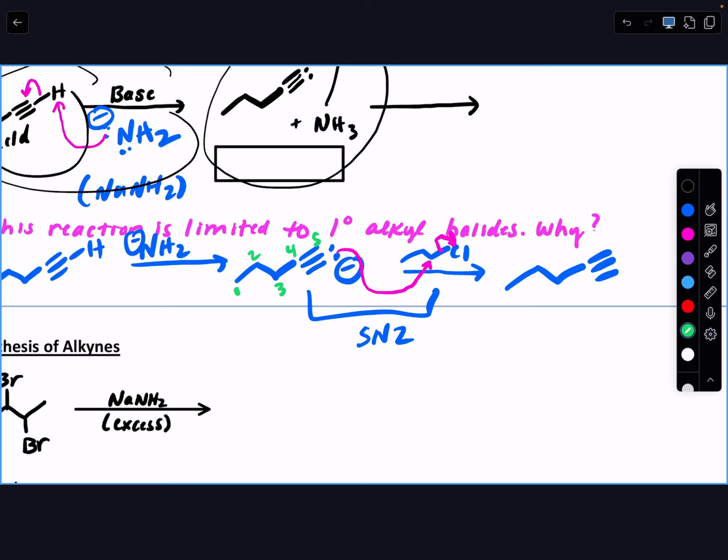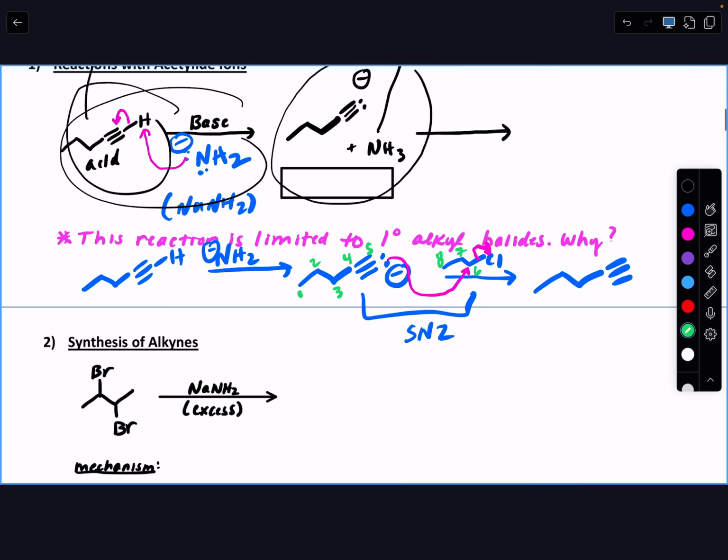It doesn't matter if you number it differently, but I think it makes more sense to call this 6, and then what's attached to 6 is 7 and 8. So 6 is the thing that's going to accept that pair of electrons and form the new bond, but 7 and 8 are still going to be tagging along because they're attached to 6.